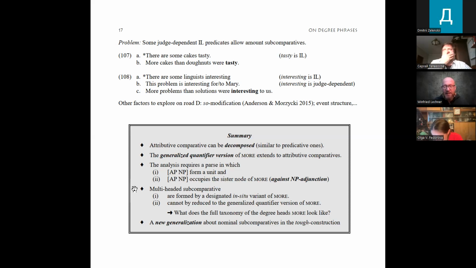And we've seen that multi-headed comparatives show a number of interesting properties that make them at least not easily amenable to a standard run-of-the-mill analysis in terms of degree quantifiers, and they possibly interact in interesting ways in the tough construction. Okay, thank you very much for your patience and for your time.